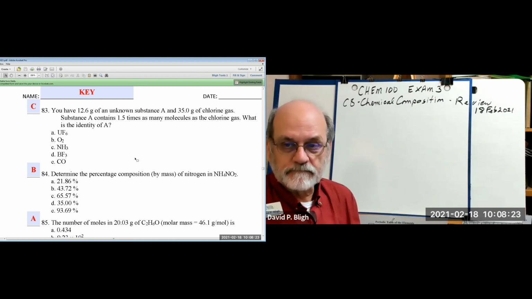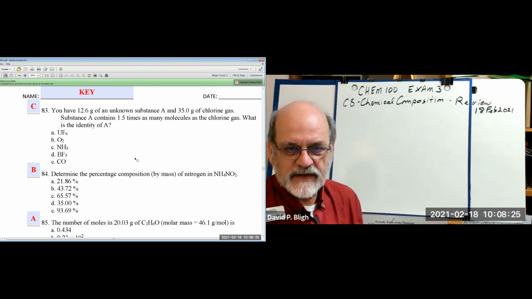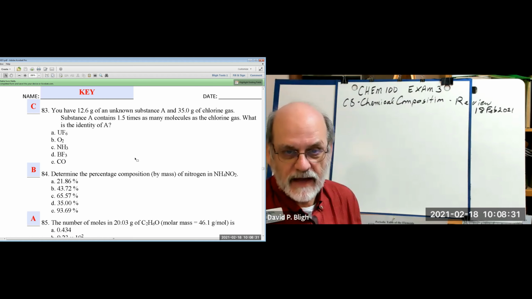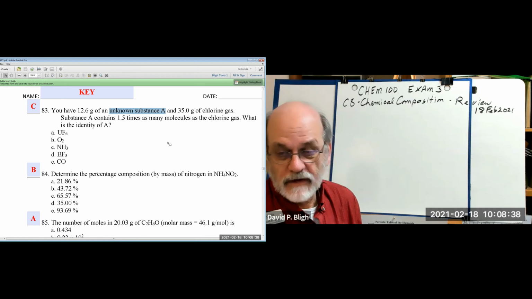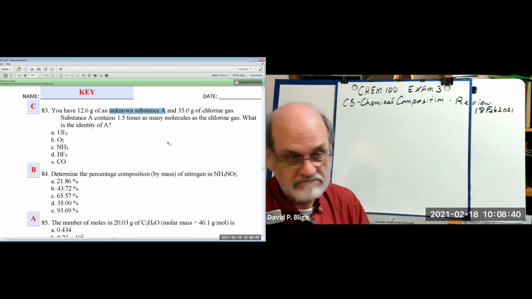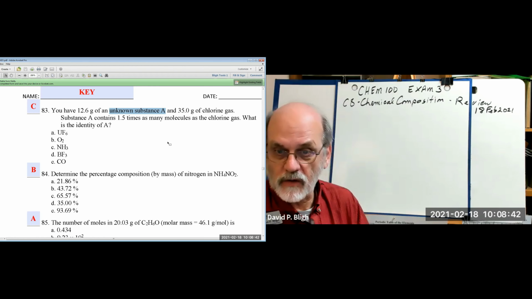Okay. What's the question? What is the identity of A? A is an unknown substance. So it could be an element, could be a compound. We don't know. It's unknown. So let's look at what's given.